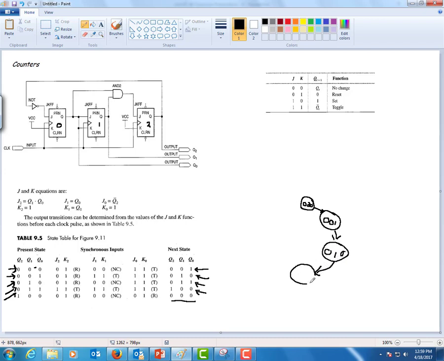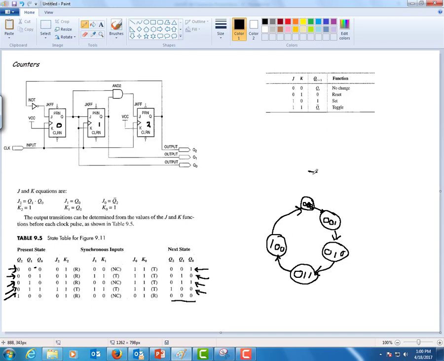This one would be, all right, and this one would be 1, 0, 0, and then this one would be back to, this is supposed to be 0, 0, 0. My handwriting, please excuse the handwriting, I'm not very good at this, but you get the idea.